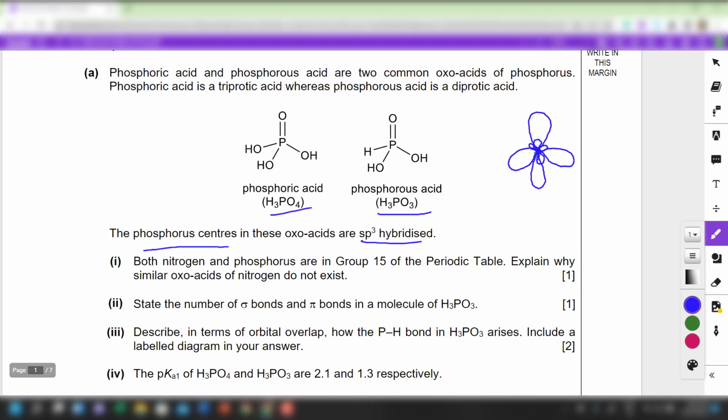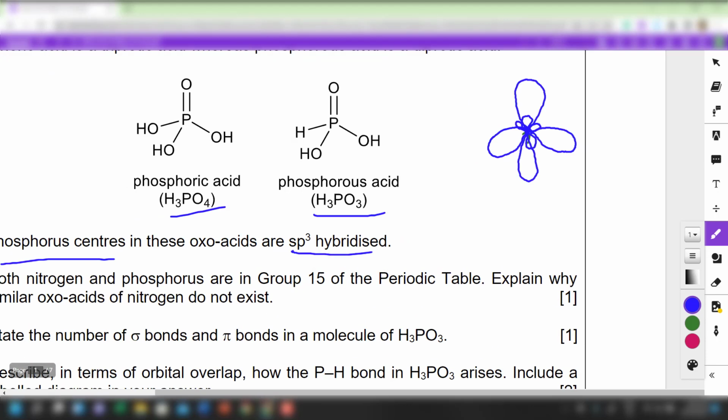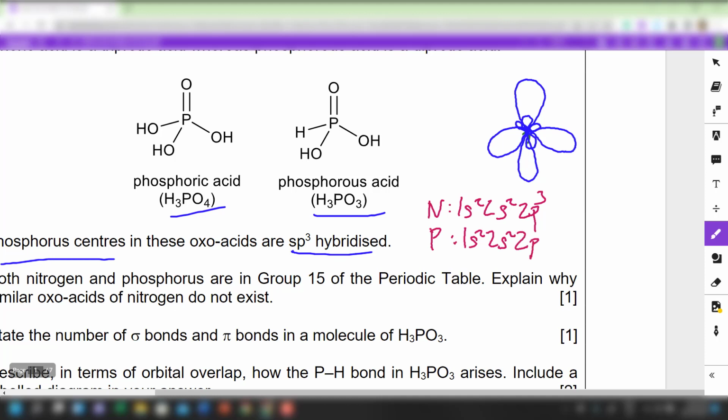If you try to review atomic structure, the electronic configuration for nitrogen is 1s2, 2s2, 2p3, and that of phosphorus is 1s2, 2s2, 2p6, 3s2, 3p3.